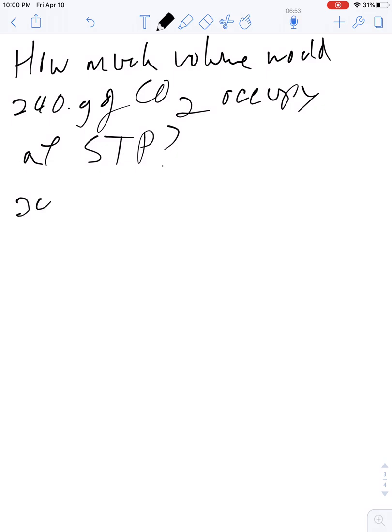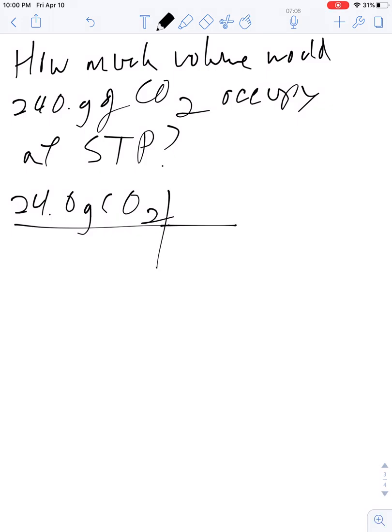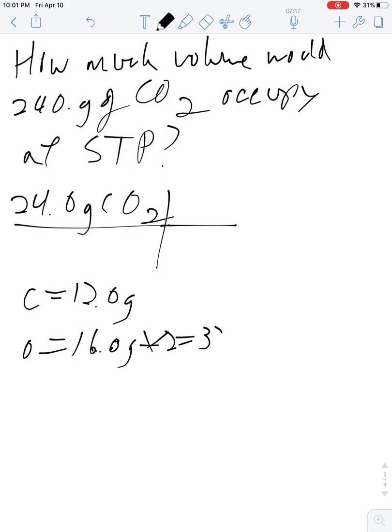So I've got my 240 grams of carbon dioxide, and we're going to convert this to moles. Carbon weighs 12, oxygen weighs 16, and there are 2 of them. So we add that up, 44.